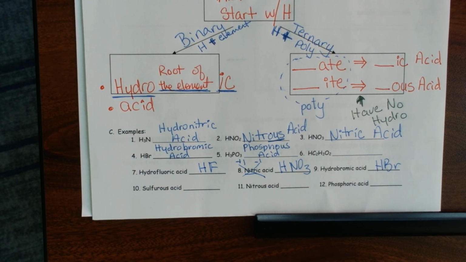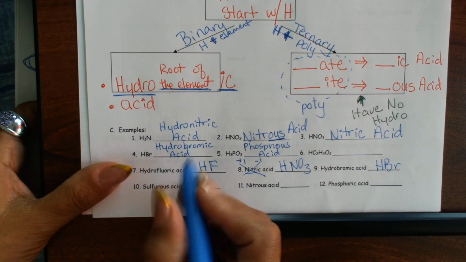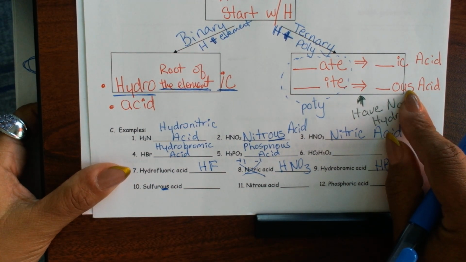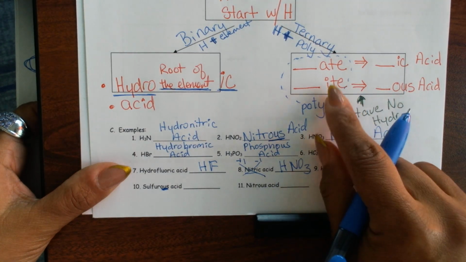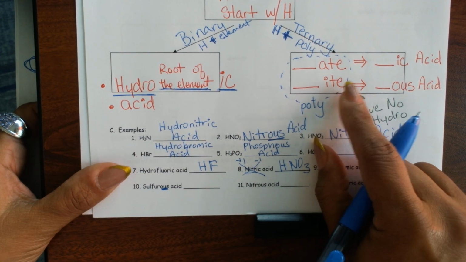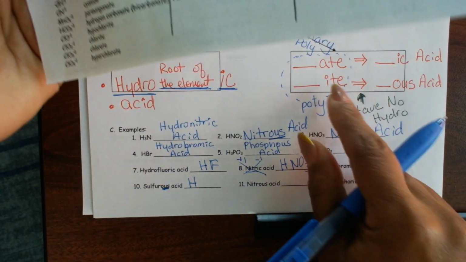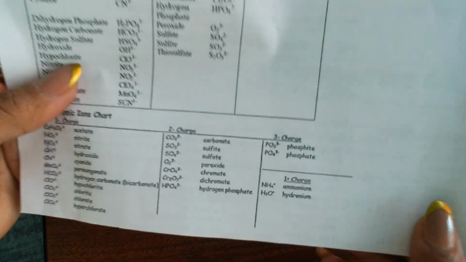There is no hydro, so that means that this must be a polyatomic. Let's go ahead and look at this. This polyatomic ends in an OUS. Because it's an OUS, when I look at the polyatomics, I'm looking for an ITE. I know they're all going to start with an H, but I need something that has ITE.